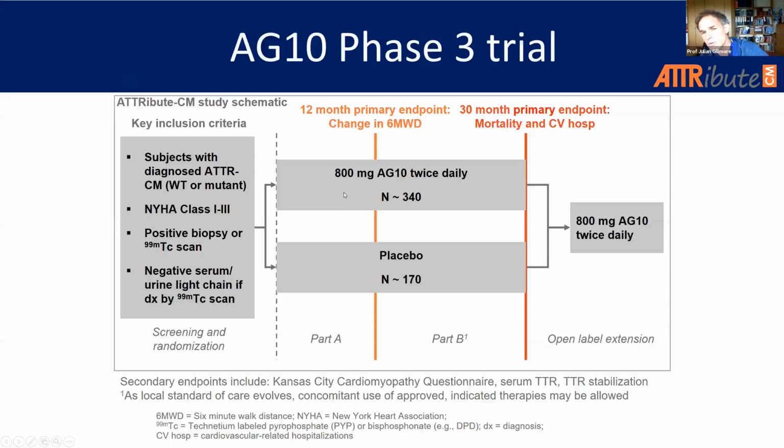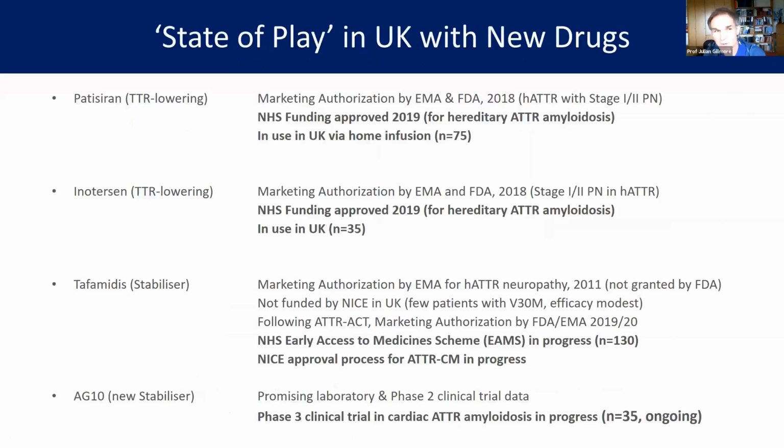So 2/3 of patients get the drug, 1/3 of patients get placebo, and they follow them up for 30 months with the same sort of endpoints as the past study. And this is a study that's currently going on in the UK that we're recruiting to. I should say that in the test tube, AG10 does seem to be a better stabilizer of TTR than Tafamidis. Whether that translates into better clinical benefit is the purpose of the trial. So we're waiting for the results of that trial.